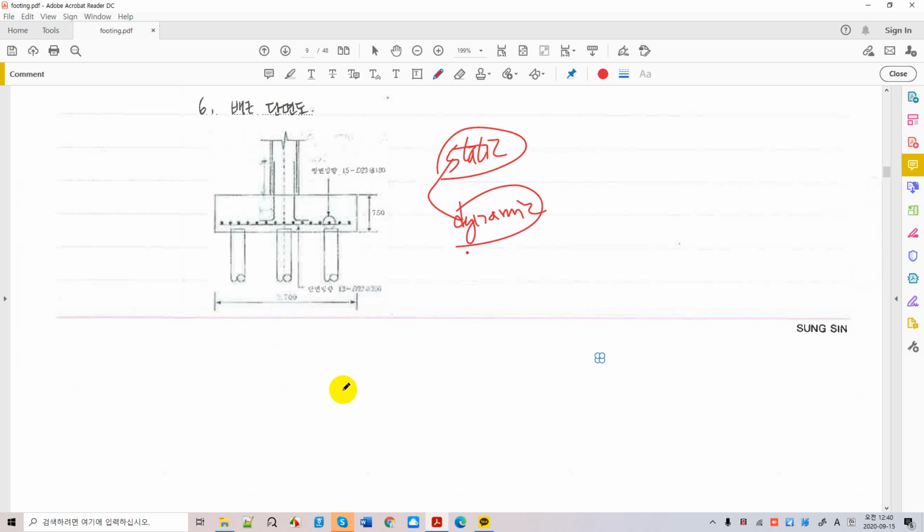Especially when you do the pile dynamic test, we're going to use PDA technology, and it's going to be really important and fun. The PDA is a very flexible, useful way of doing pile dynamic tests to verify your pile bearing capacities.